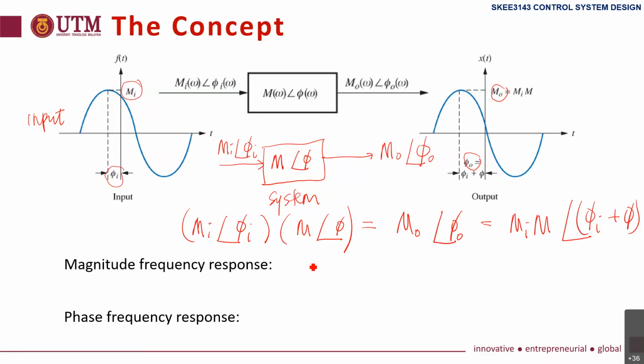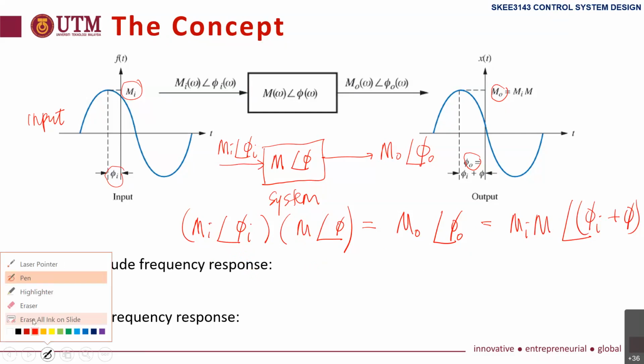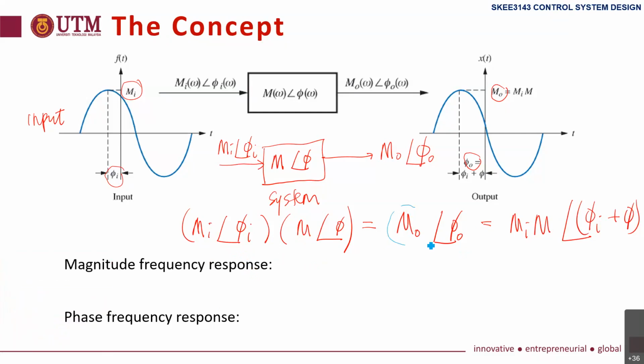That is the way to have a product between two phasors. The magnitude we multiply, the angle we add. Therefore, M naught, the M output, equals this, and the phase phi equals the second term, the phase also.